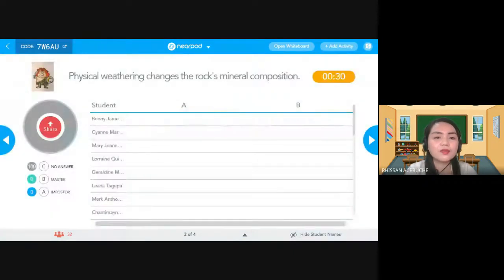So physical weathering changes the rock's mineral composition. So is this character an imposter or a master? So some of you are answering imposter. No one answered master.